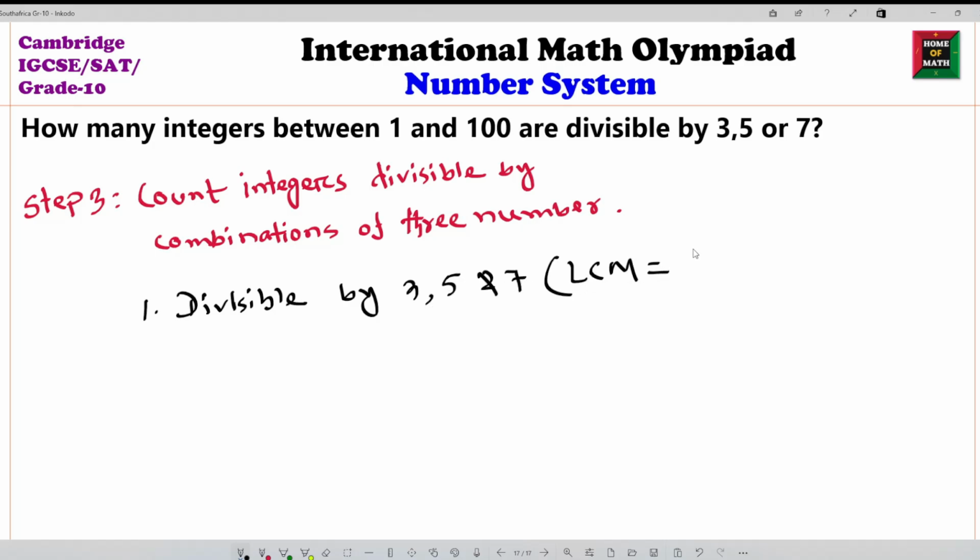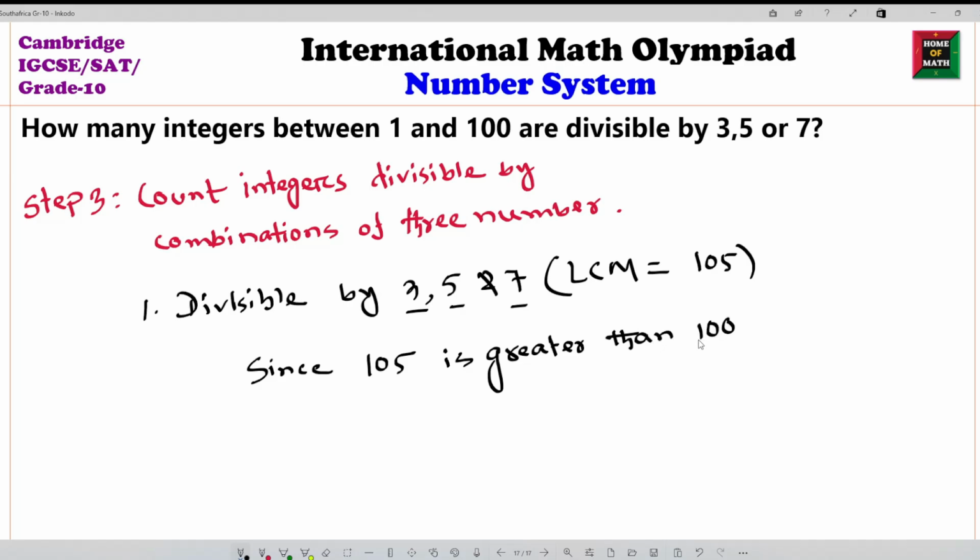The LCM of 3, 5, 7 is 105. Since 105 is greater than 100, there are 0 such integers.